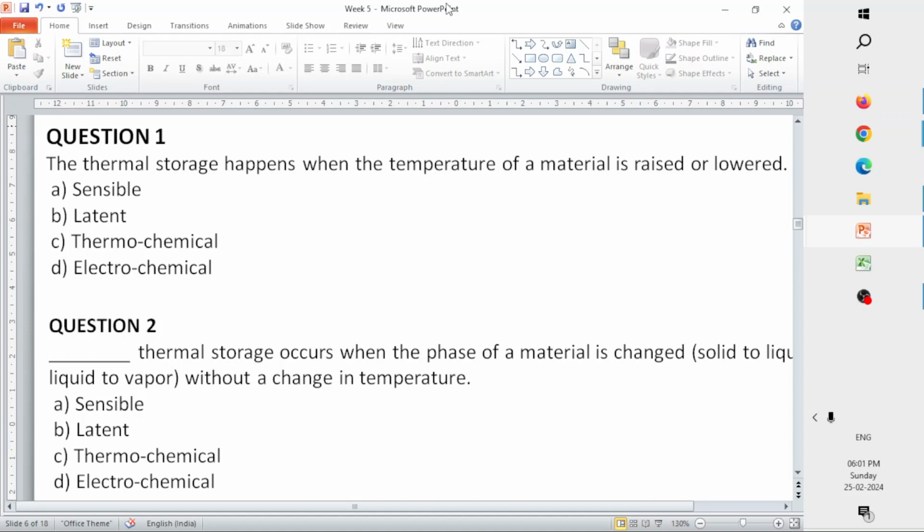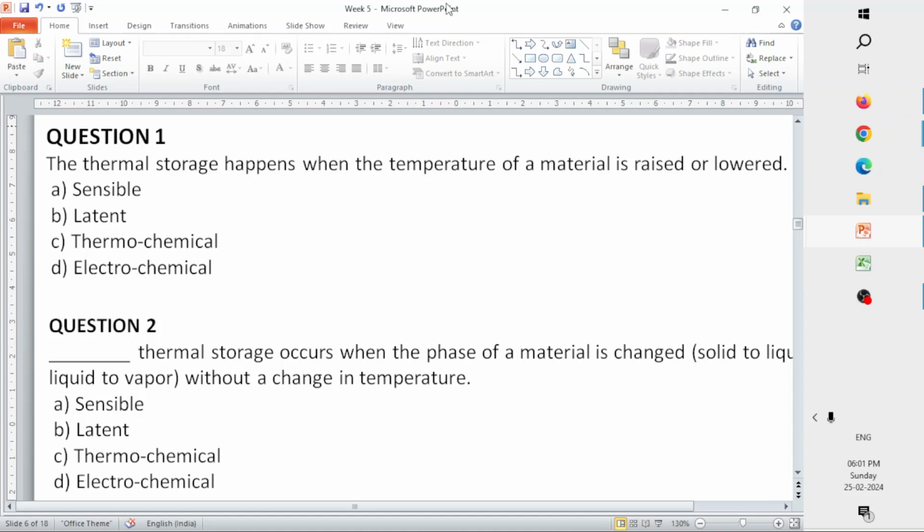So that is something that is not actually matching with what the question is asking. Here they are specifically not talking about temperature being either raised or lowered. So the next option is latent. The literal meaning of latent is hidden.